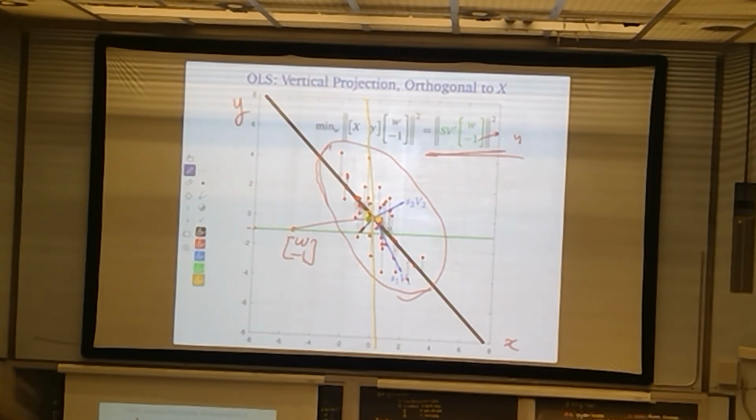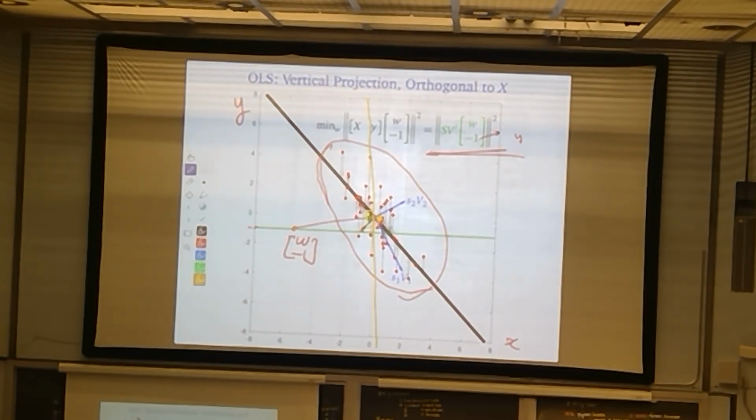The best line, if you think about this, S1 is much greater than S2. So what you ideally want is the projection onto S1 to be minimal, right? If you have a choice, you want the projection onto this. What does this give you? This gives you essentially this vector projected onto the V1 axis.